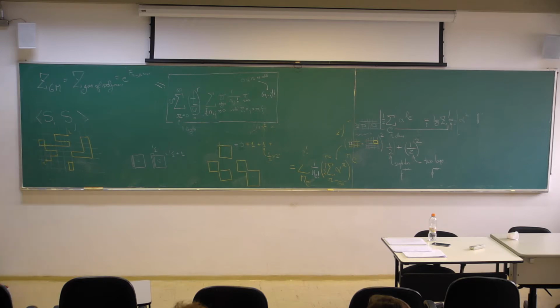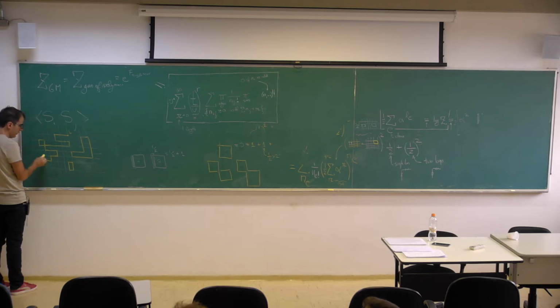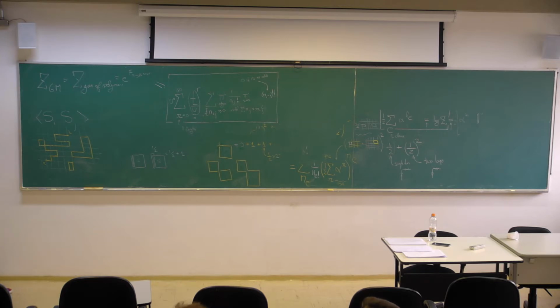That could have some self-intersections. But I could also have closed loops that start and end at A? Oh, no. You cannot, right? You agree? If I put a square here, then the cusp A is 3. So that's it. So that's the configuration that contributes, right?